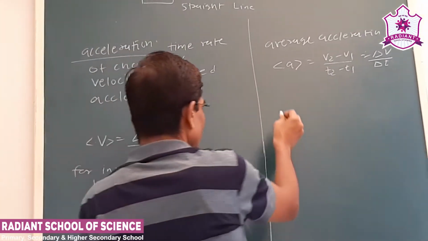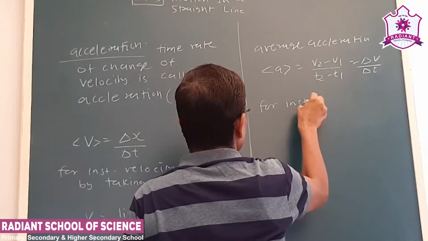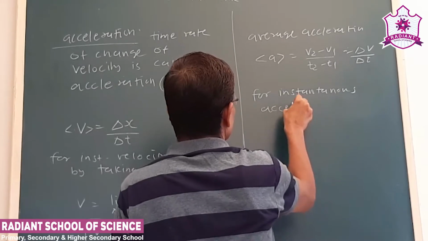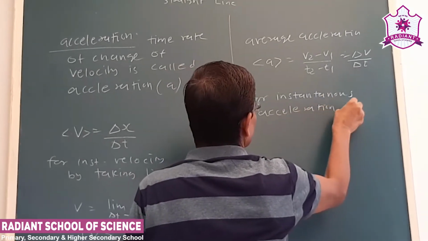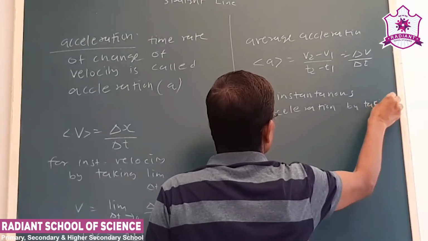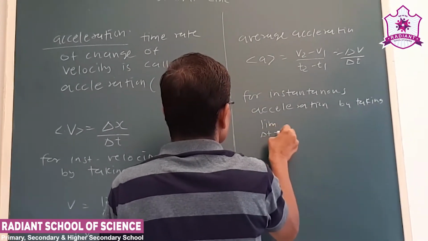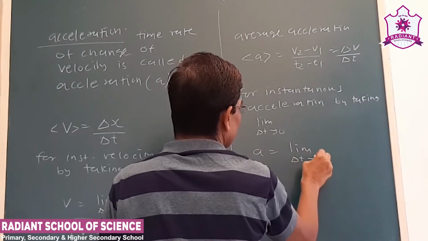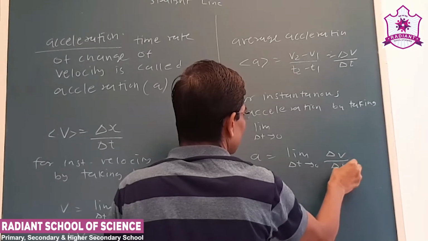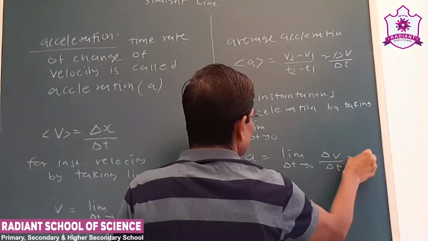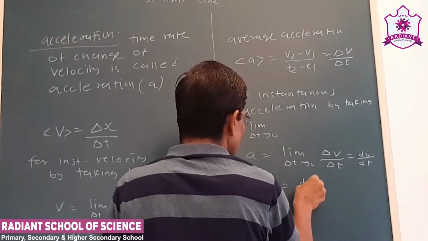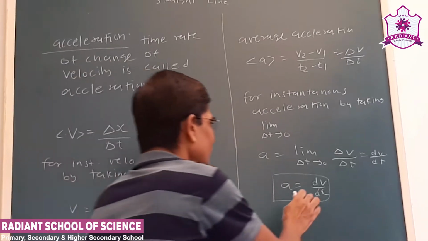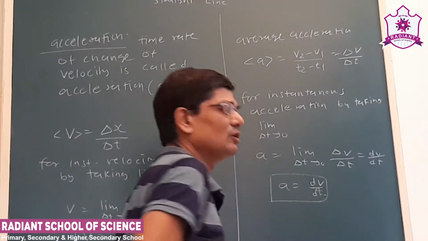Now again for instantaneous acceleration, by taking the limit delta t tends to 0, A is limit delta t tends to 0 of delta v by delta t, that is dv by dt. So A is equal to dv by dt. Acceleration, we know, is the time rate of change of velocity.